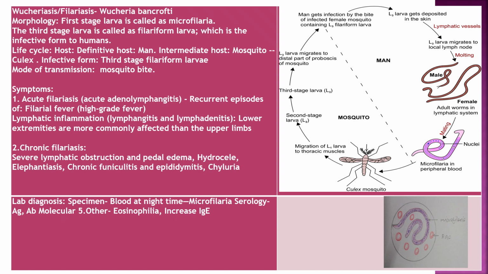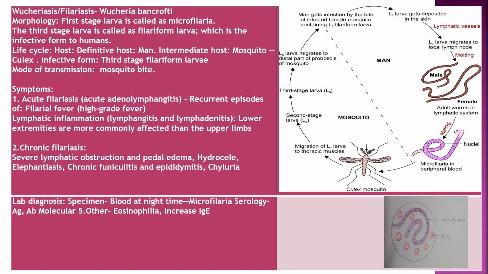After the mosquito bite, man gets infection and the female mosquito containing L3 filariform larva enters. So the L3 larva gets deposited in the skin, then goes to lymphatic vessels. L3 larva migrates to local lymph nodes. Molting takes place, male and female adult worms in the lymphatic system.